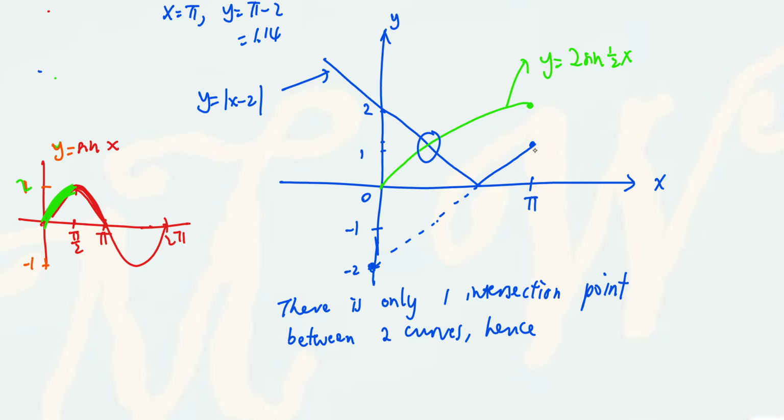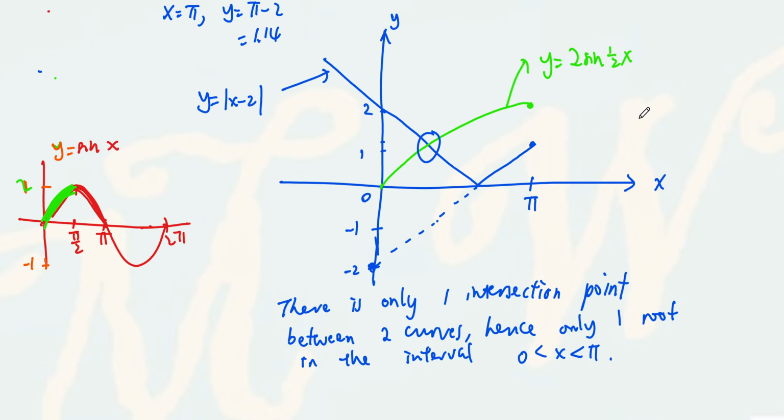Hence, only one root in the interval 0 and pi.